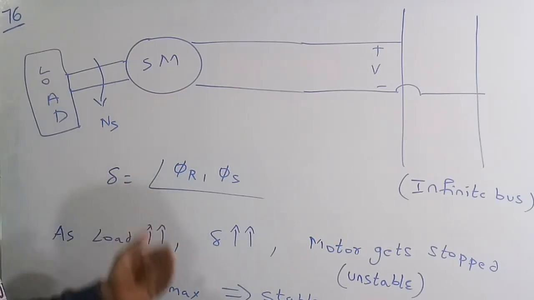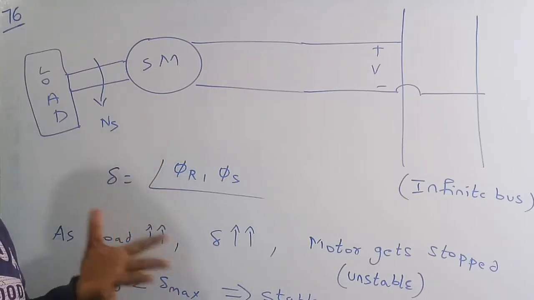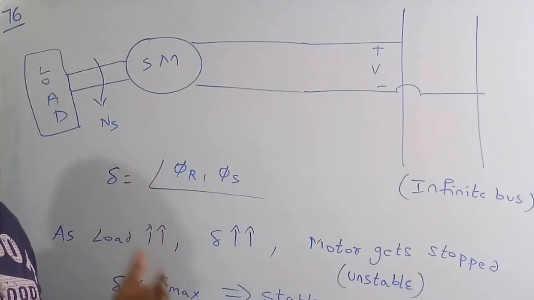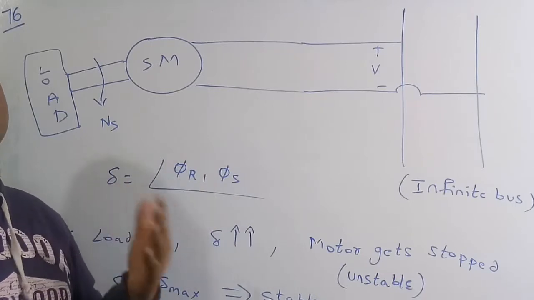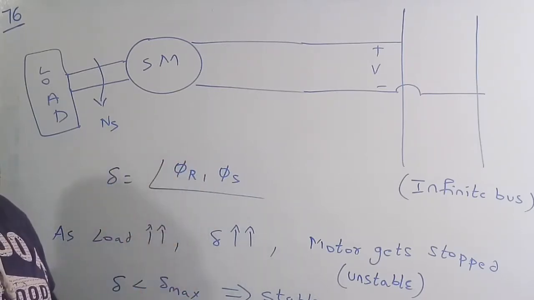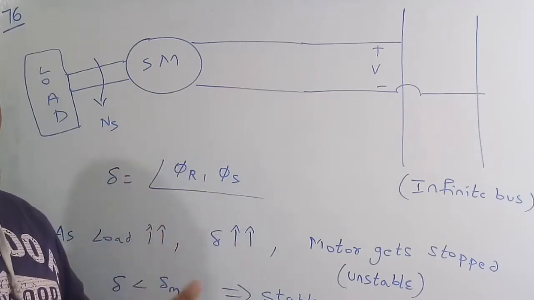If you increase the load more and more, then definitely this motor is not going to be able to maintain its speed, so its speed is going to decrease. So we can say the rotor flux and stator flux are not in synchronism with each other. If they are not in synchronism, the speed is going to decrease, and finally the motor is going to remain at zero speed.